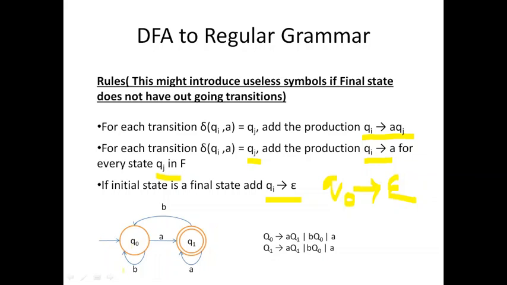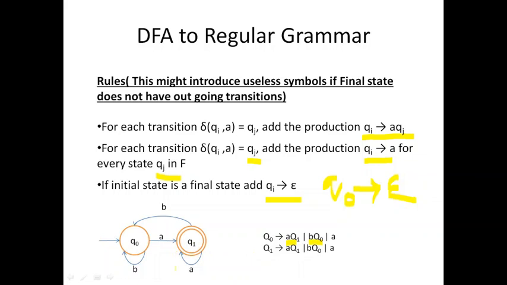You have a transition from Q0 on b to Q0, so you have a production like Q0 giving b Q0. Now you have a transition from Q0 on a to Q1, so you add a production like Q0 giving small a Q1. Also, since this transition is to a final state, you also add a production like Q0 giving small a.